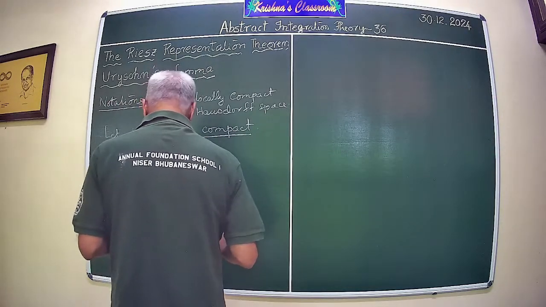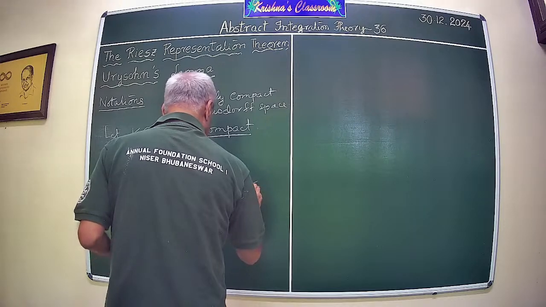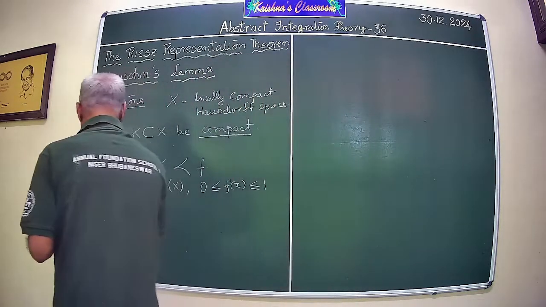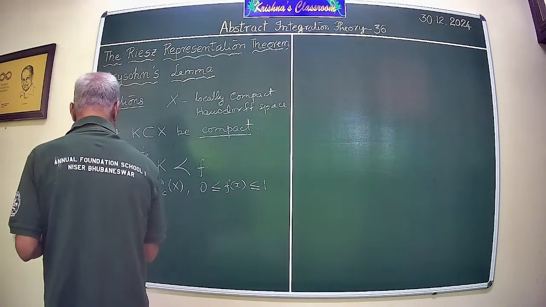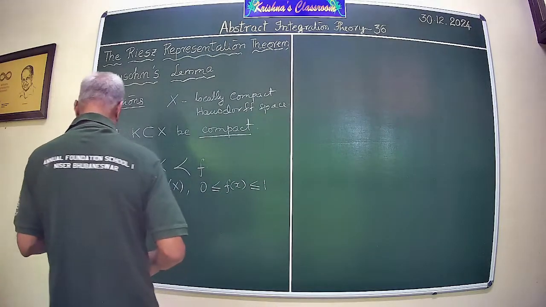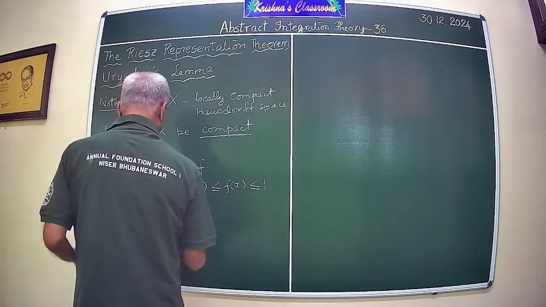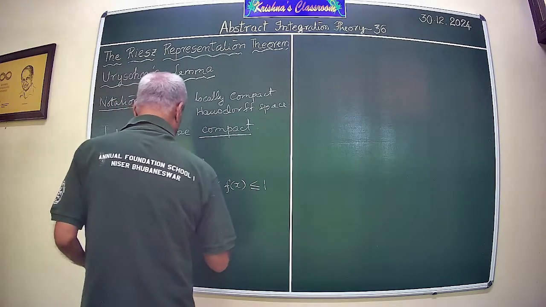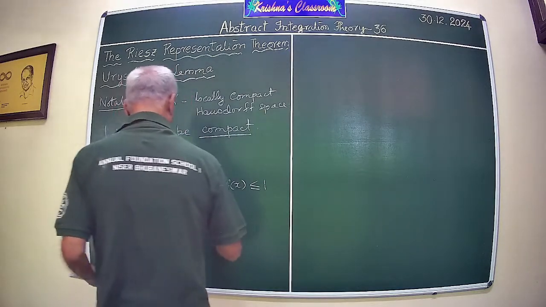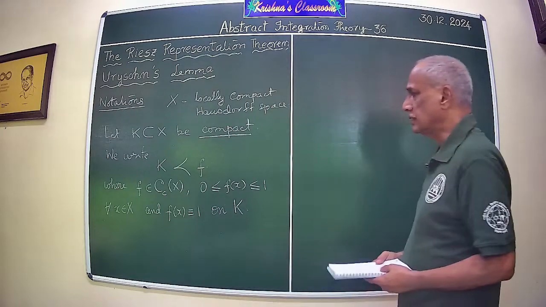And we have 0 less than or equal to f(x) less than or equal to 1 for every x belonging to X. So this is the meaning of this notation.